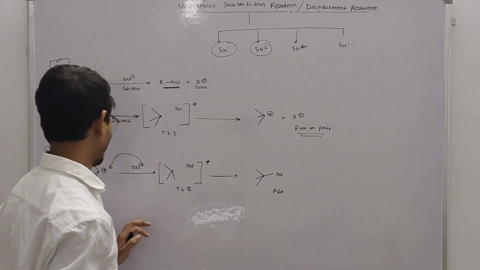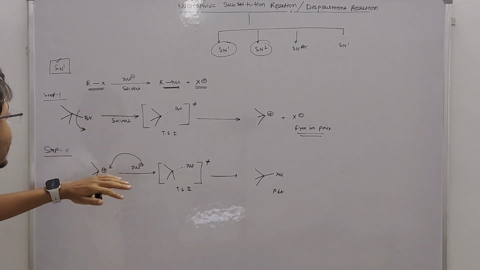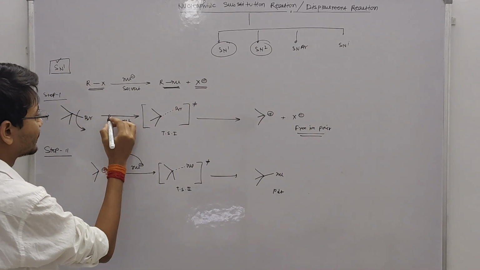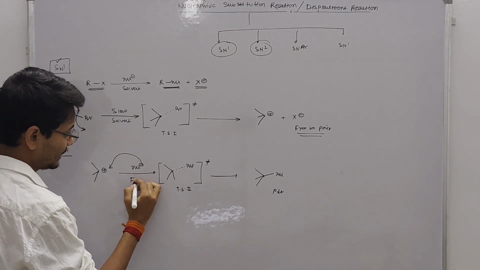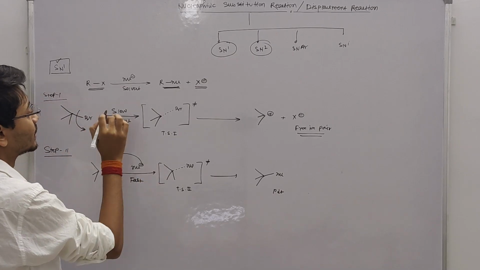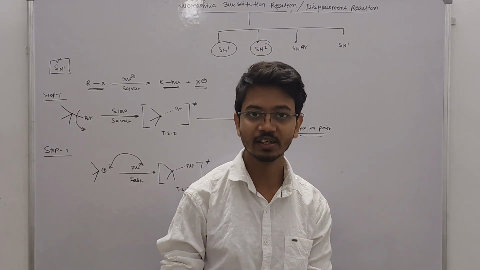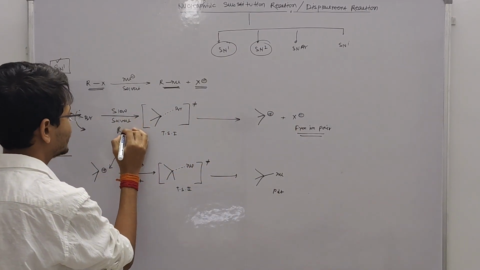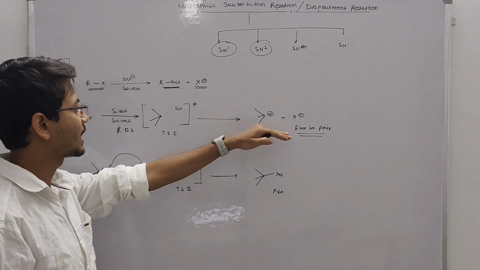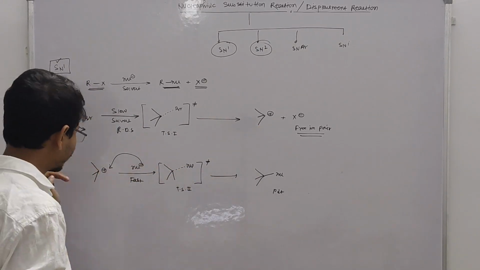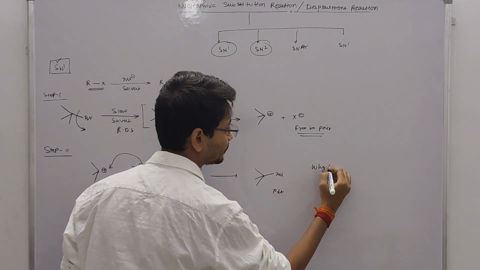So this reaction is a two step reaction. The first step is very slow, and the second step is very fast. The slowest step of any reaction is known as RDS, that means rate determining step. This step is RDS. Why am I saying this step is slow and that step is fast?